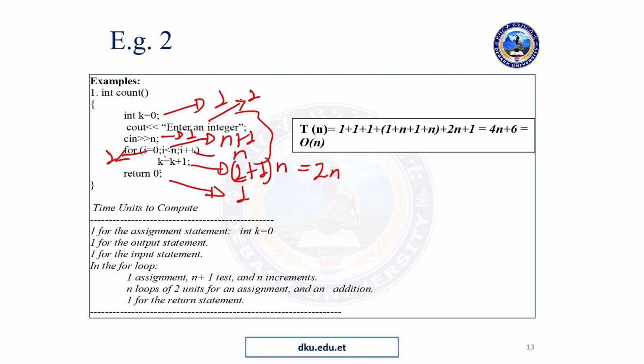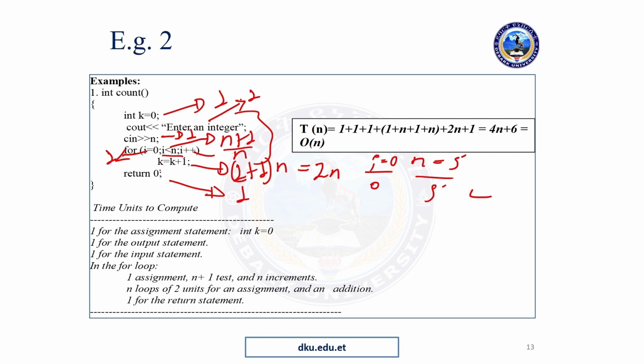But let's see by giving an example how this loop statement iterates this amount of time. So let's assume the value of n is 5. I is 0. Then in the first iteration, I is 0 and n is 5, so it will execute, right? This statement is executed or checked.